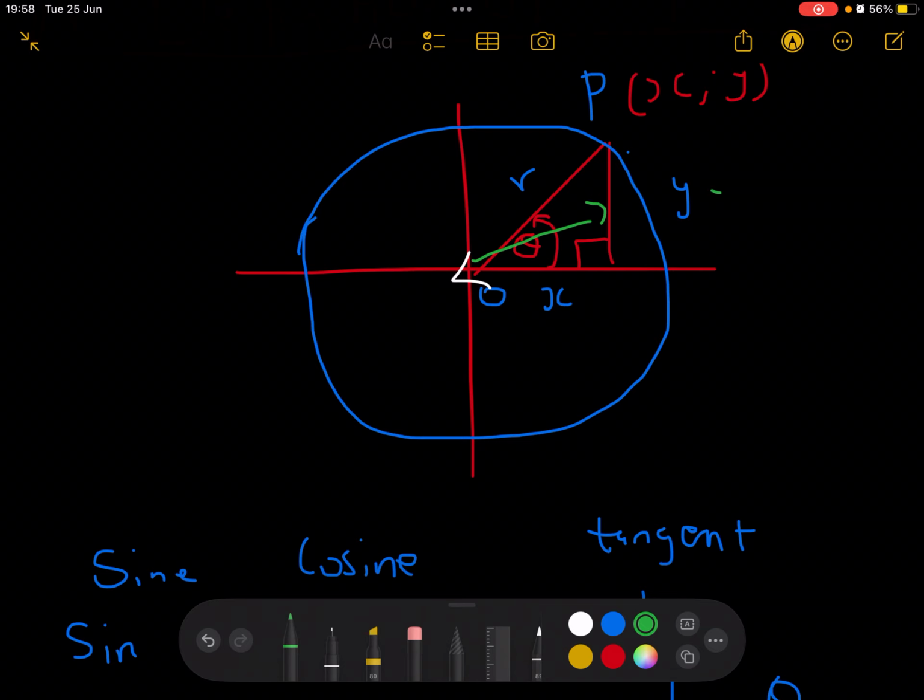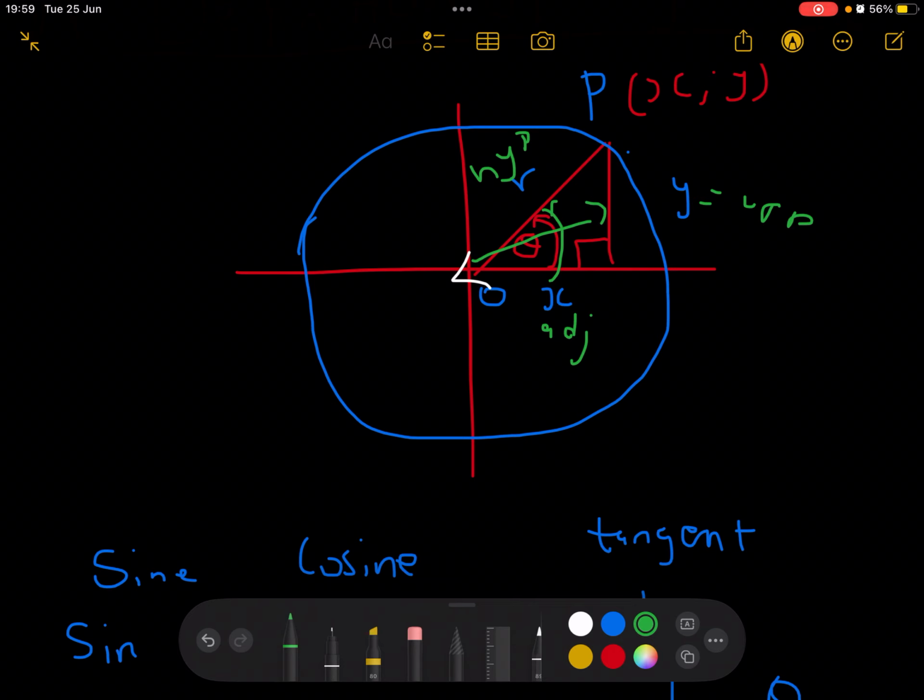So we call this side the opposite side because of that. The angle in here is formed at the adjacent of the x-axis, so this side becomes adjacent. Then this is the hypotenuse.